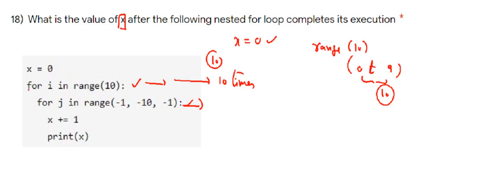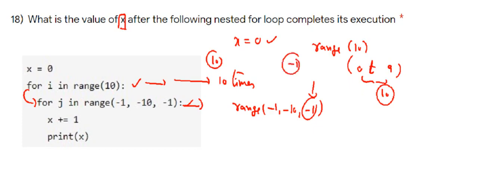Now, when you come inside, for j in range of -1, -10, -1. He has given the step value as negative.